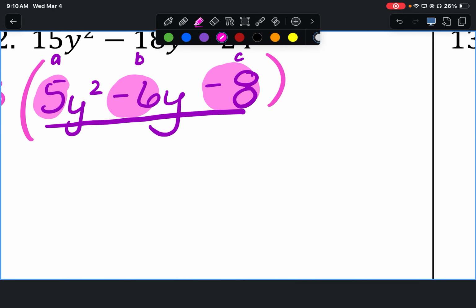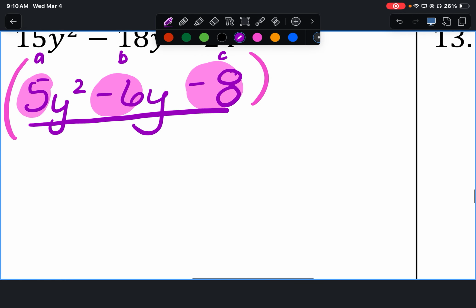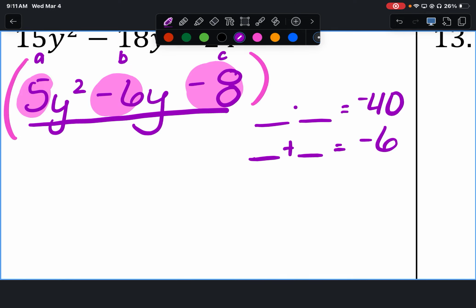Negative 8. Now, we're going to figure out what factors multiply to give us A times C. What is A times C? Not just 40, but negative 40. And what adds to give you B? What is your B term? Negative 6. All right.